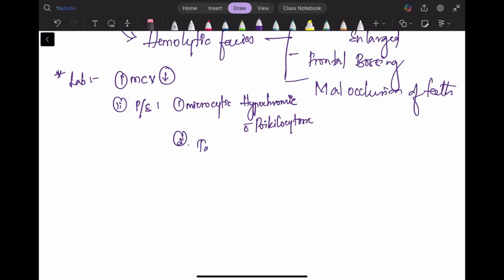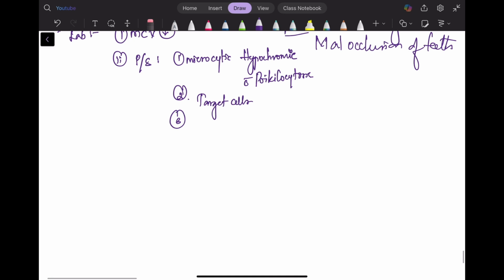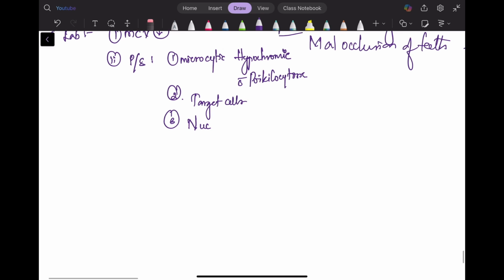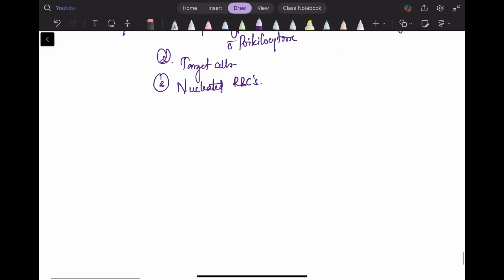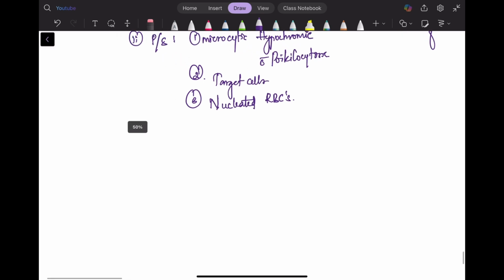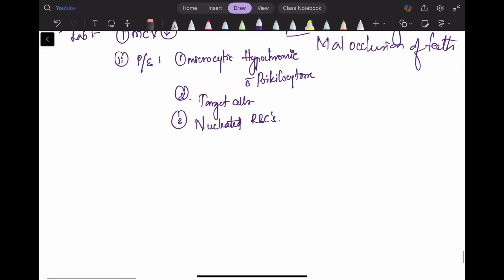Then we have target cells. Since hemopoiesis is affected, what we'll see is nucleated RBCs, where RBC maturation is lacking. There is no doubt, I guess, till now. So then what do we do? You found these many things, then we do a screening test.